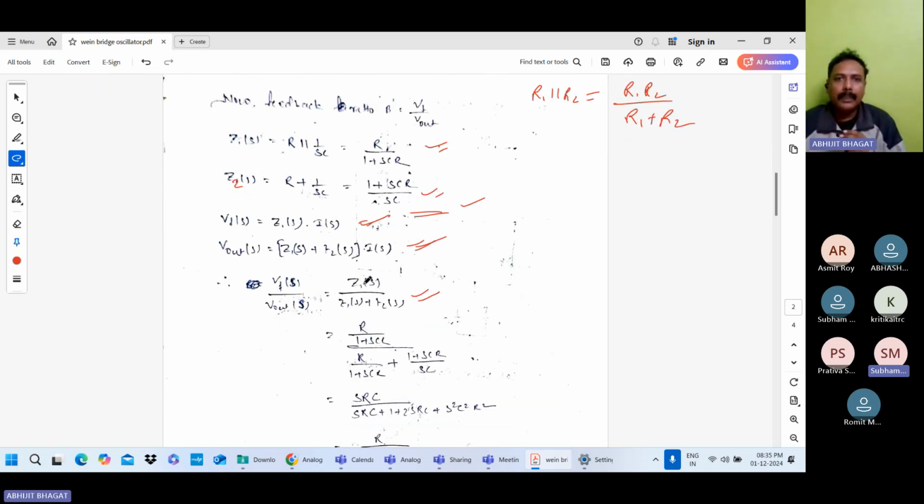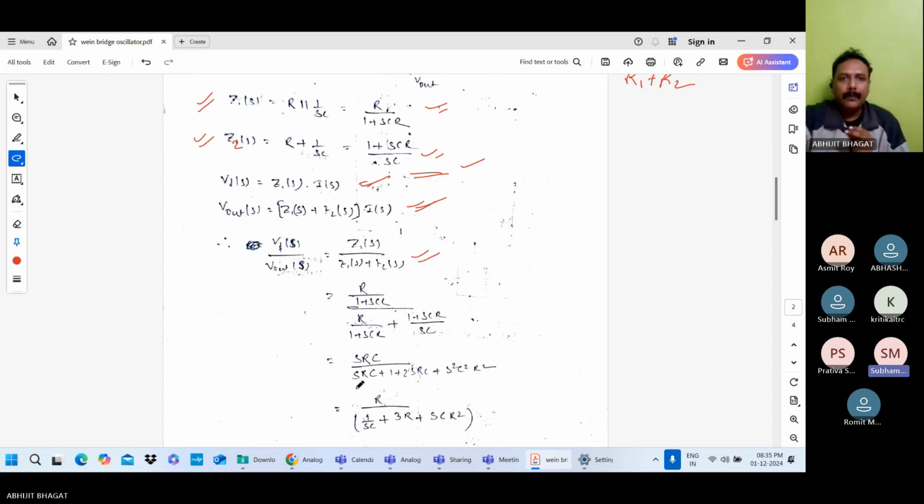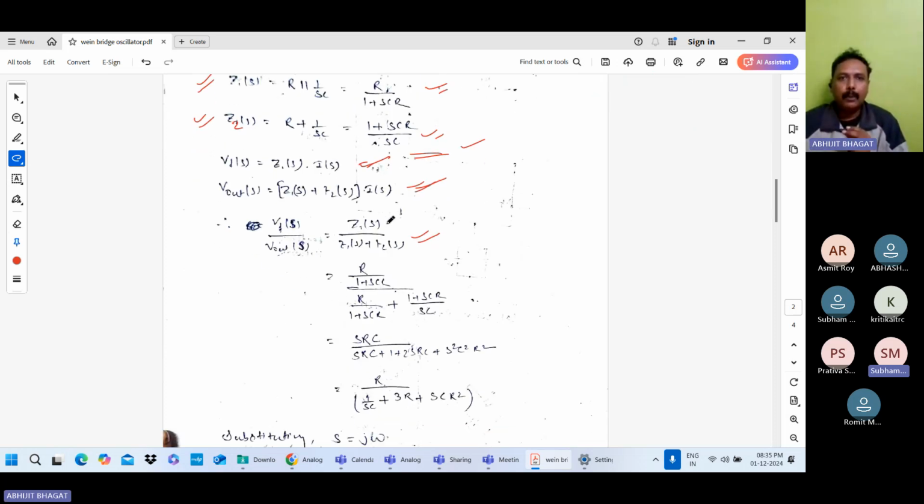Yes. Next, you put the Z1S and Z2S. Here we are getting Z1S and Z2S. You put this in this equation. You are getting some simplified version. So just put the Z1S, it is R by 1 plus SCR, and Z2S is 1 plus SCR divided by S. You put it, you are getting this expression. This solve, you are getting SRC divided by this function.